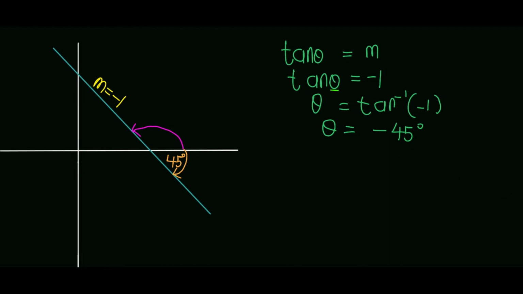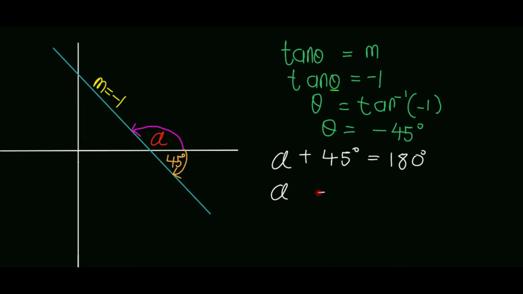But the question says find the angle of inclination. Let's say this is angle alpha, our angle of inclination. What you should realize is that this angle and this angle are adjacent angles on a line. So from there we can simply say angle alpha plus 45 degrees is equal to 180 degrees, the reason being adjacent angles on a line.